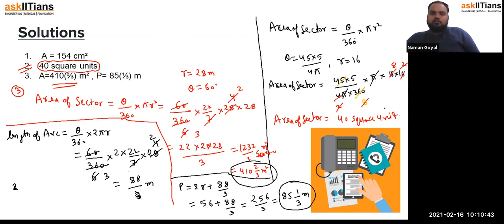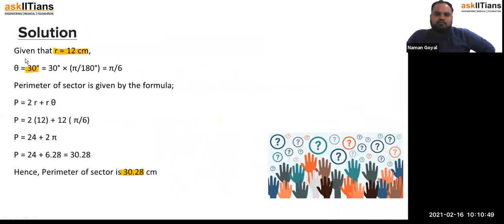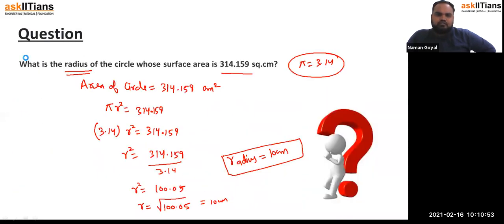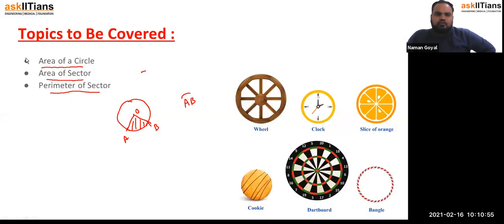Are you getting my point? So if you see the third one, you will get the same answer. Now let's take a quick review of what we learned in today's lecture. 3 topics we completed in today's lecture: area of circle, area of sector, and perimeter of sector.